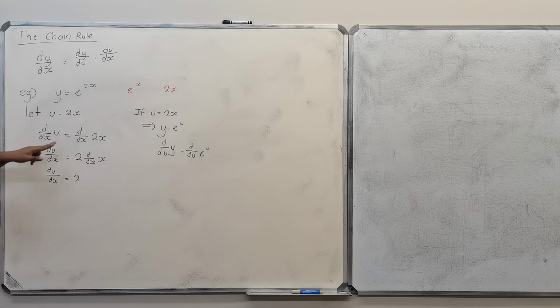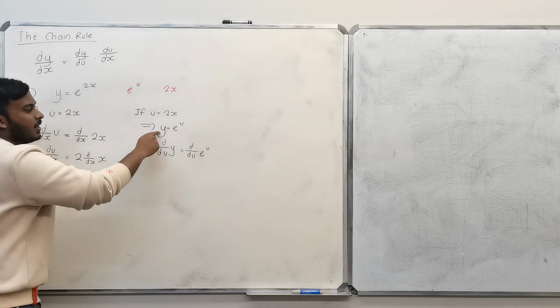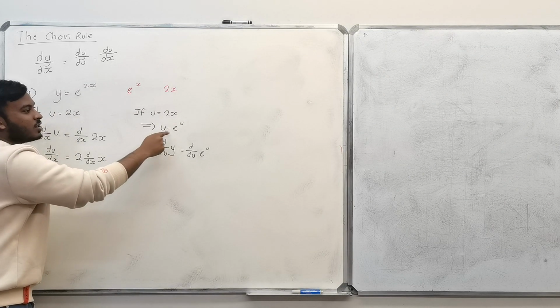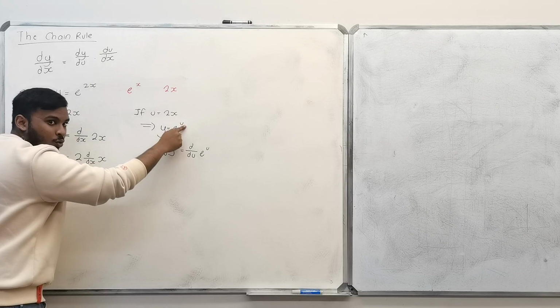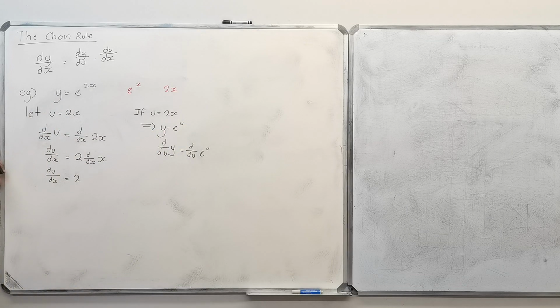Like how here, x was your independent variable, so we differentiate equation u with respect to x. Here, I'm differentiating equation y with respect to u, because u is your independent variable. Are y'all with me? So we just went from x to u.